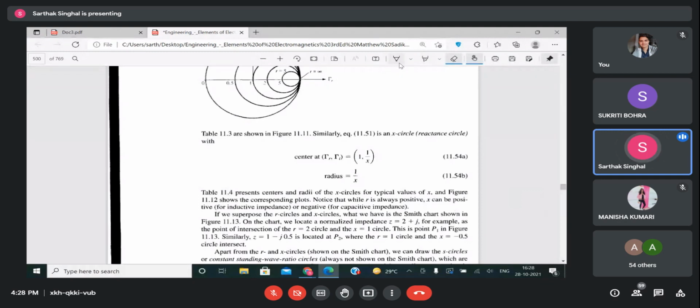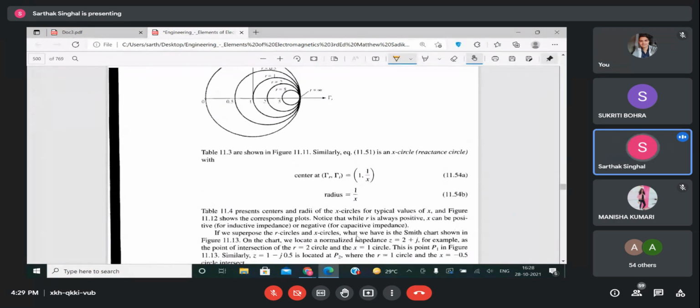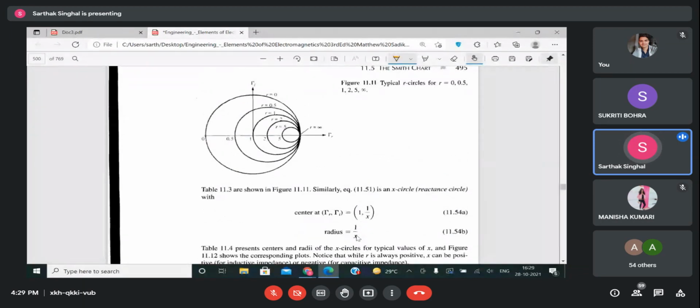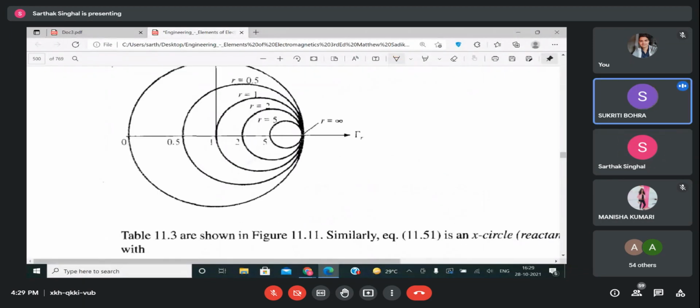So what will be the value of center and radius for x equal to 1? 1 comma 1 and radius will be also 1. Radius also 1. Okay. So can I say this will be the center?